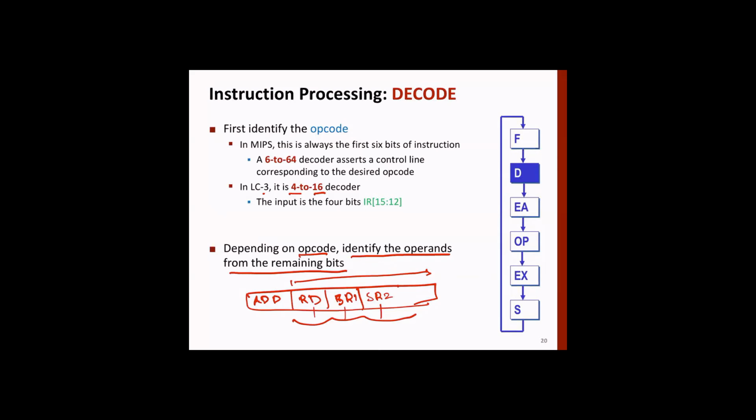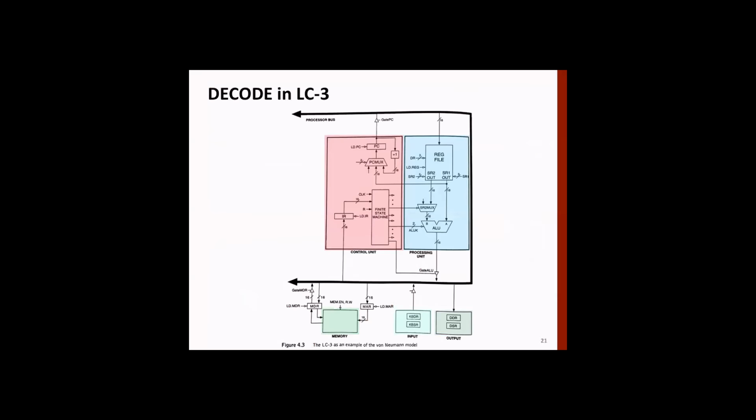So now it has to make sense what the remaining ones are. Instead of add, had we had, say, a jump instruction, then the semantics of the remaining bits is very different. Okay, so let's move on. Now this instruction is to be decoded. In order to decode it, we'll have to look at only the first 4 bits of the instruction register.